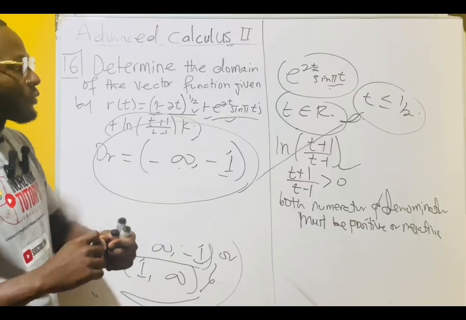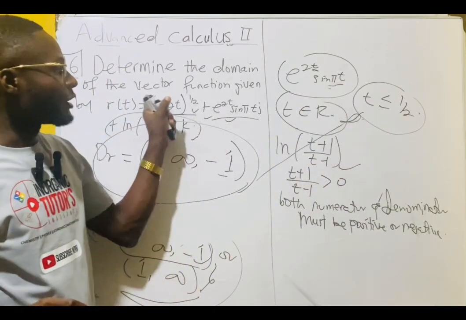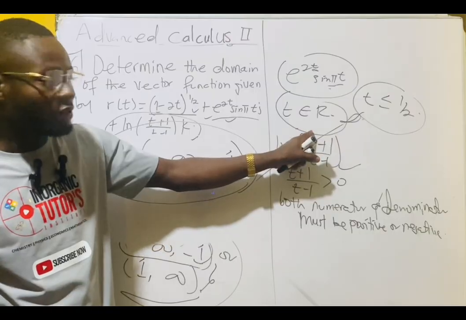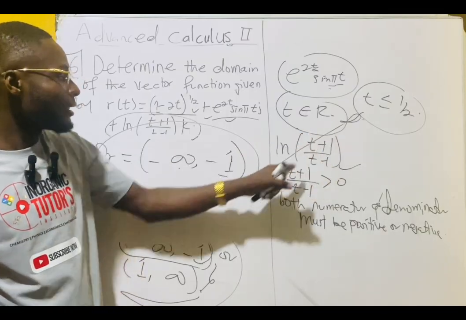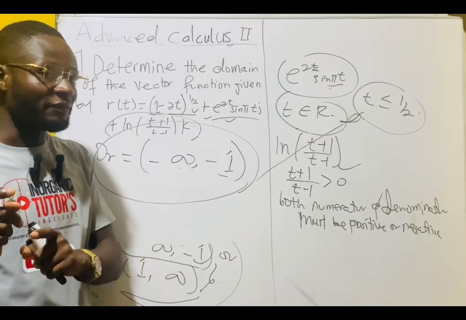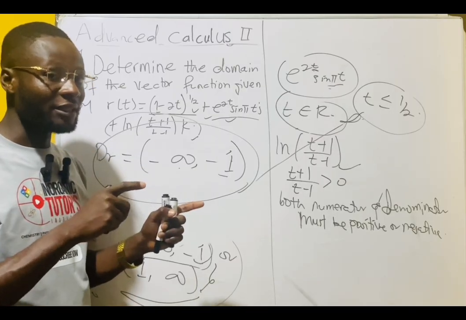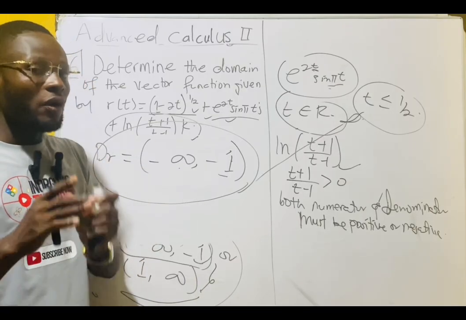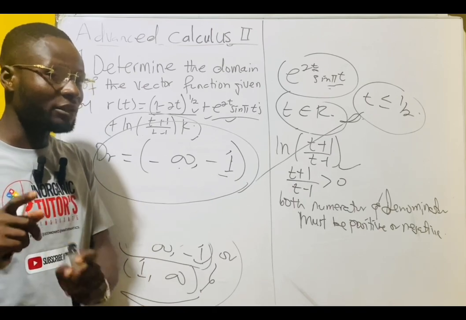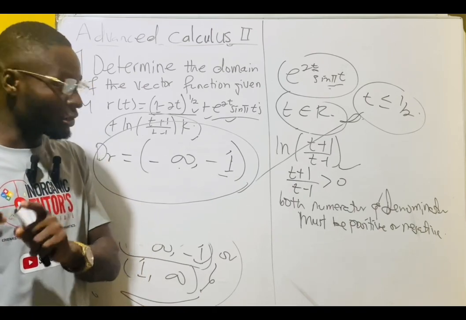All right, we had the first component to be what? Less than or equal to half. The second component comprises all real numbers, and the third component was negative infinity to negative 1 exclusive, or positive 1 to positive infinity exclusive.